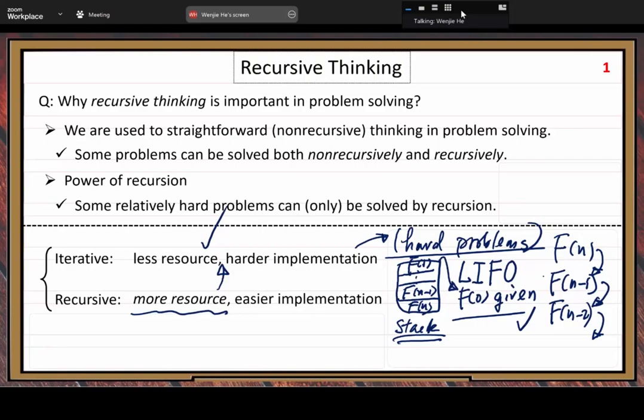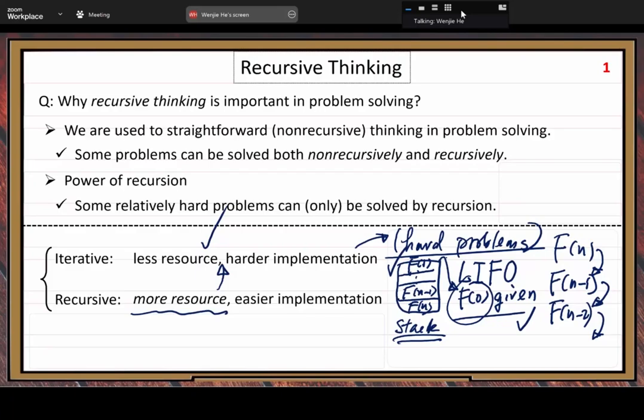Now, we retrieve f of 0 to do the calculation. When we do the calculation, remember last in, first out. F of 1 is last in, so first out, we pop it out. F of 1 relies on f of 0, so the f of 1 value can be calculated. After f of 1 is known, we pop out the next value in the stack, f of 2.